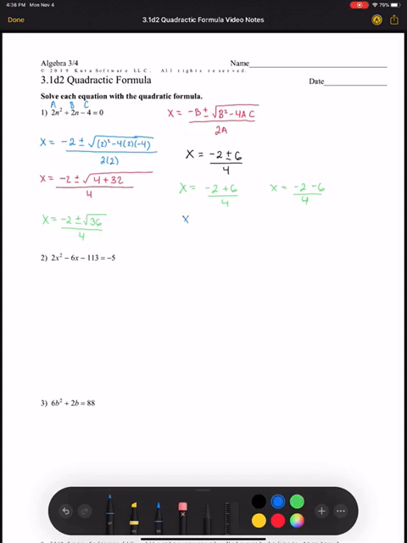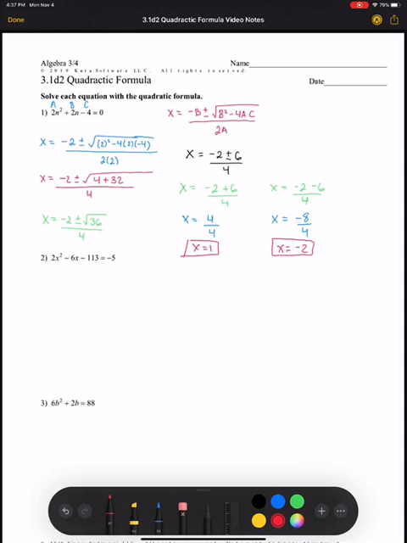In this first equation, x equals negative 2 plus 6, that's a positive 4 over 4. So x equals 1. In this second equation, x equals negative 2 minus 6, which is negative 8, over 4, which is negative 2. So my answers for this first problem are positive 1 and negative 2.